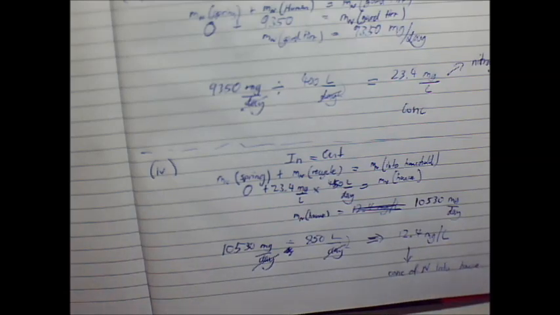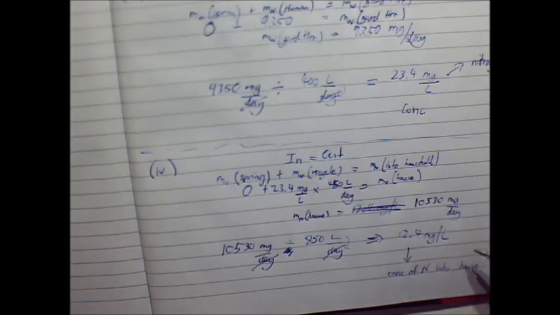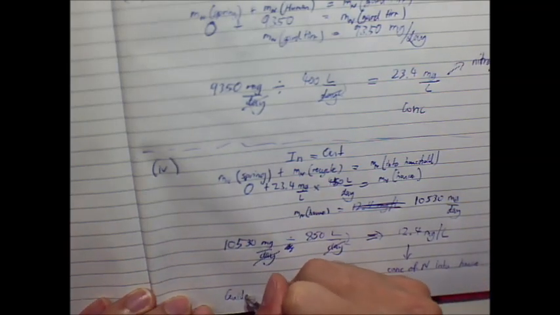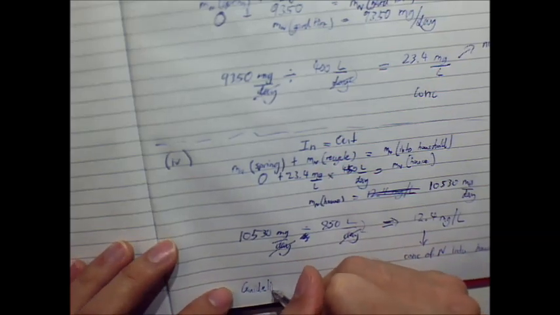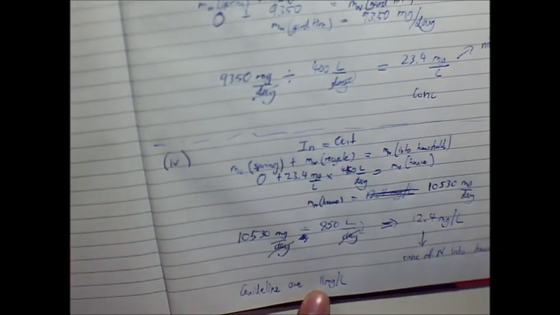Now you've got your 12.4, and what the question asks is whether this meets the appropriate guidelines. From your project brief and your research, you'll know the guideline is 11 milligrams per litre as the safe limit.